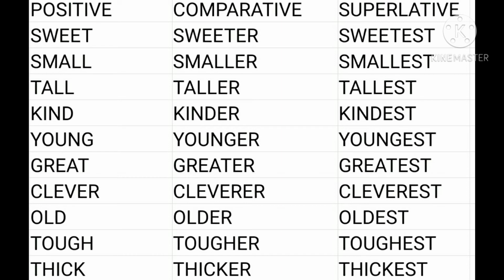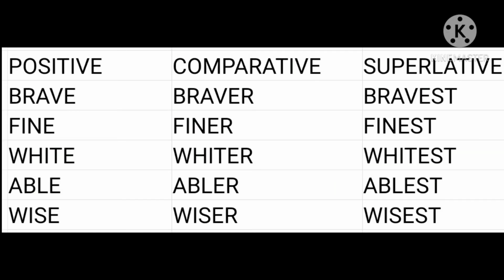When the positive ends in e, only r and st are used. For example, brave, braver, bravest; fine, finer, finest; white, whiter, whitest; able, abler, ablest; wise, wiser, wisest.